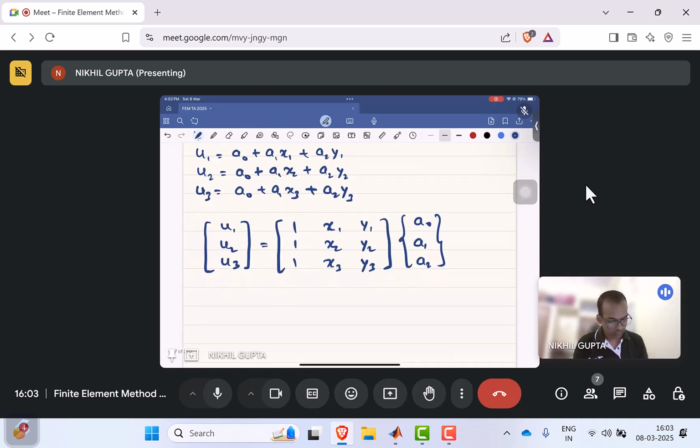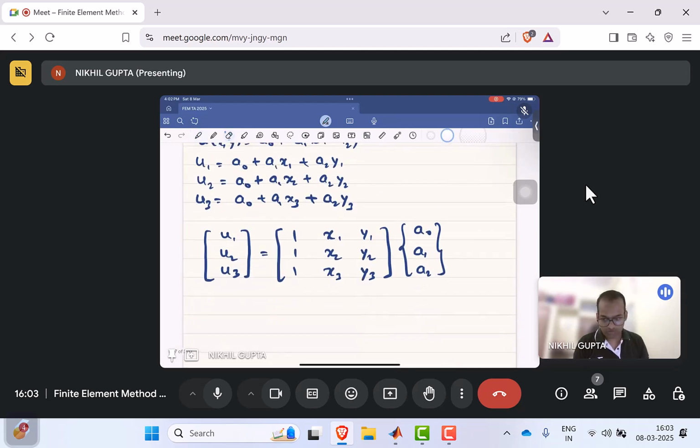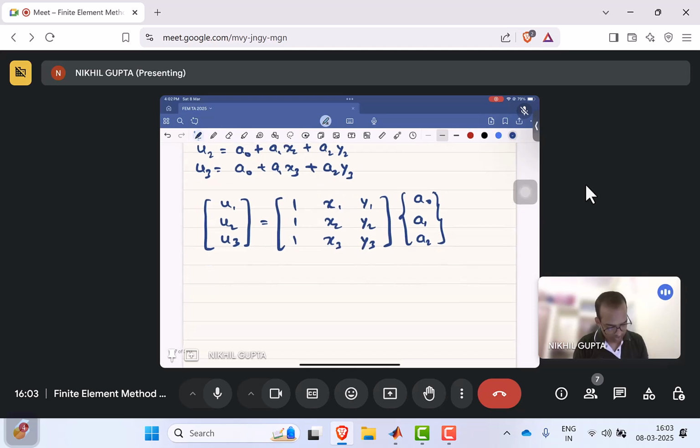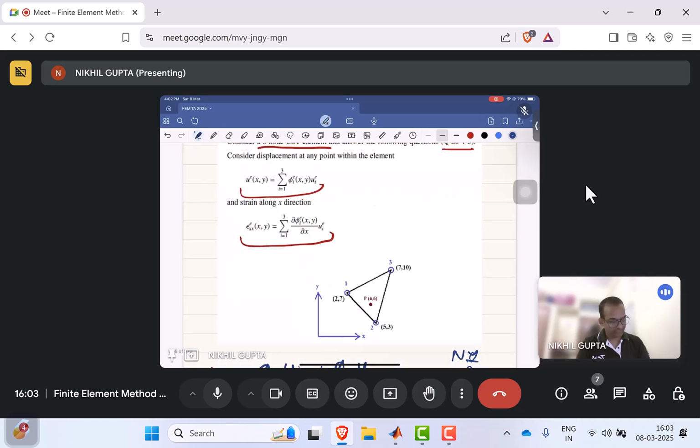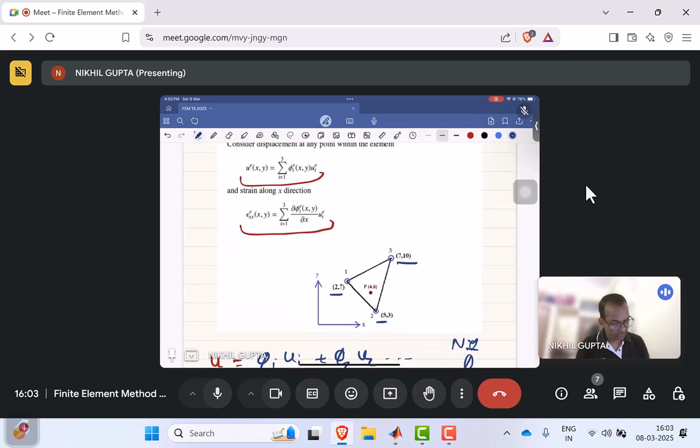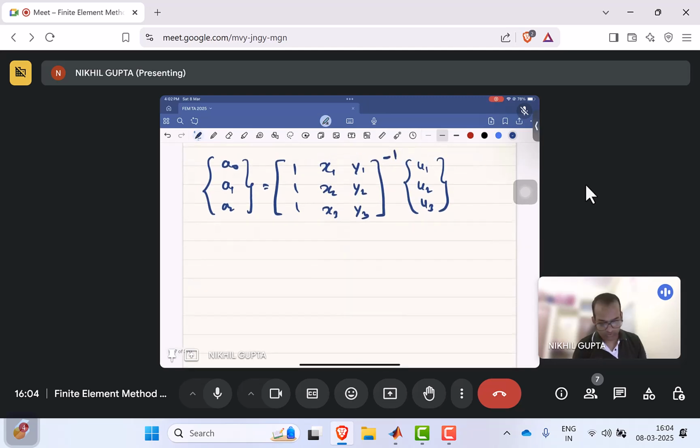Okay, so what we'll do, we'll take the inverse to get the value of the vector a naught, a1, a2, which will be the inverse of this matrix times u1, u2, u3. So we know from the problem the x1 y1, x2 y2, and x3 y3. We'll substitute here.